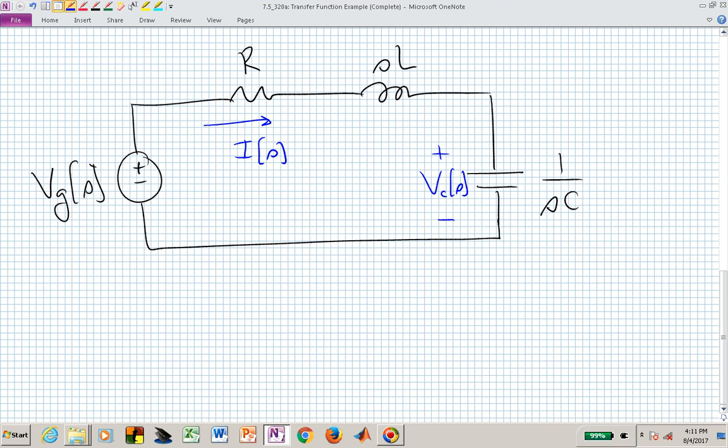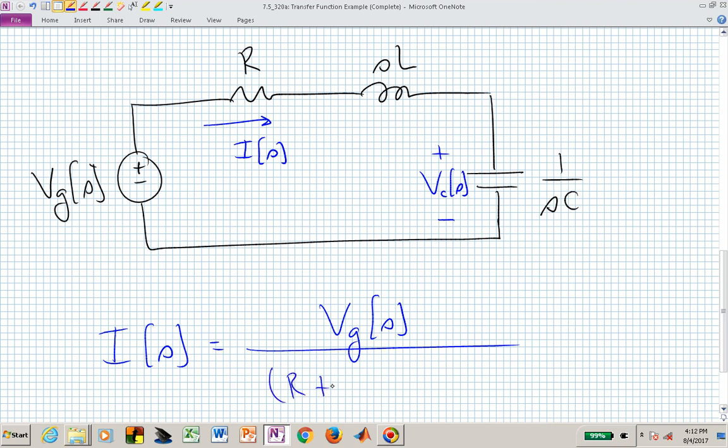If somebody now wants to find an equation for the series current I of S, we have just one source that drives it, V sub G of S, and we can divide that by the total impedance in that series circuit, which is just the sum of these three impedances, R plus SL plus 1 over SC.